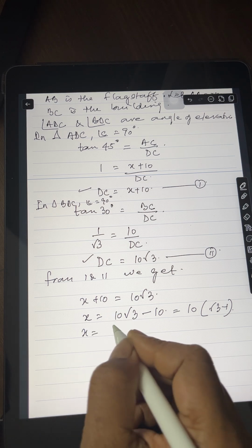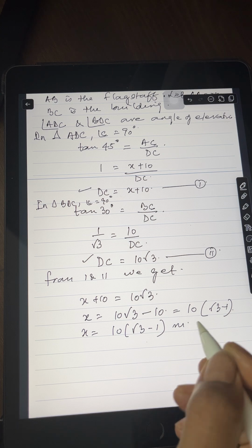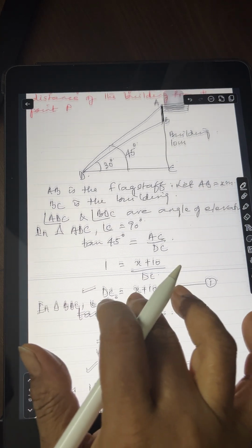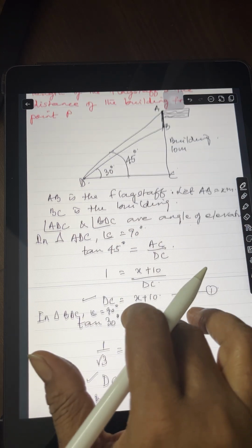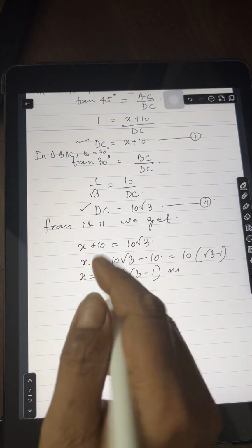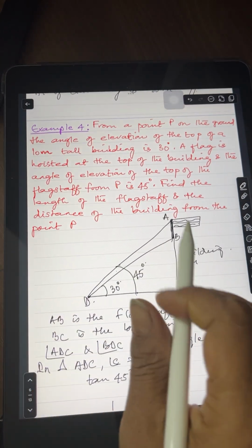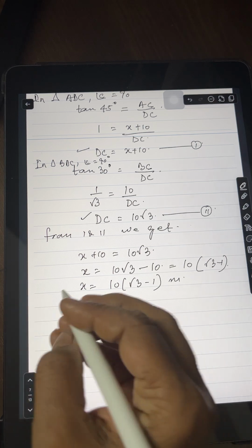So x is equal to 10 times root 3 minus 1 meter. So what is x? What we have assumed as x? We have assumed AB as x. So the height of the flagstaff. He is asking, find the length of the flagstaff. So the length of the flagstaff.